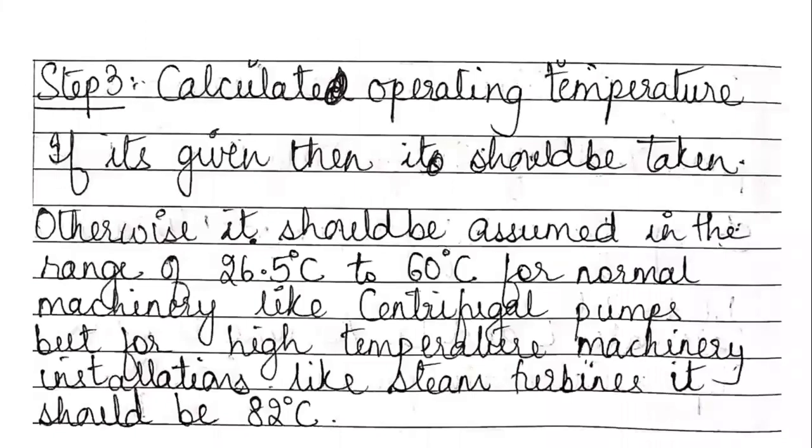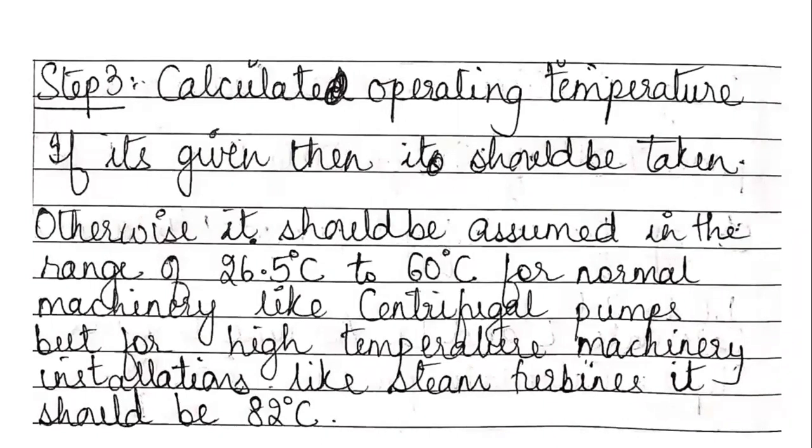Next step, you have to calculate operating temperature. Usually operating temperature will be given to you. If it is given, then you should take that value. Otherwise, if it is not given, you have to assume it in the range of 26.5 degrees C to 60 degrees C for normal machineries like centrifugal pumps, the example which we are taking now.